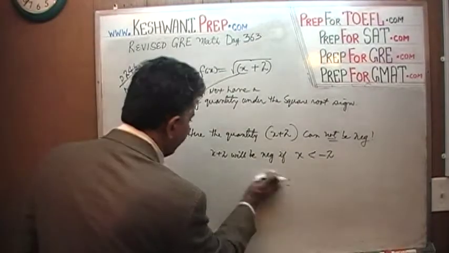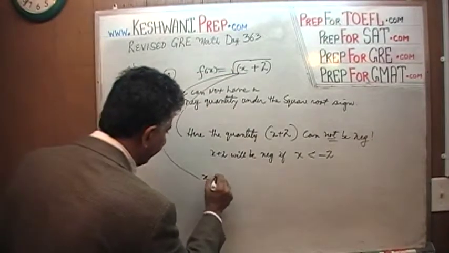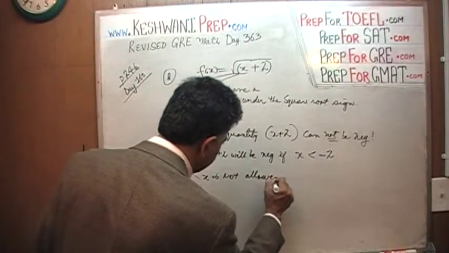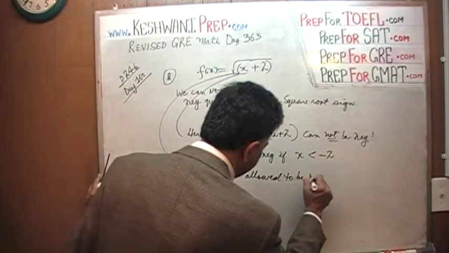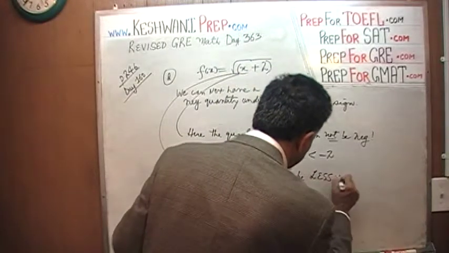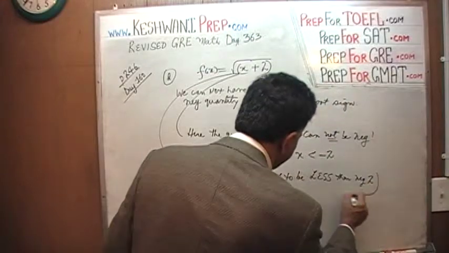Another way of saying the same thing is that x is not allowed to be less than negative 2.